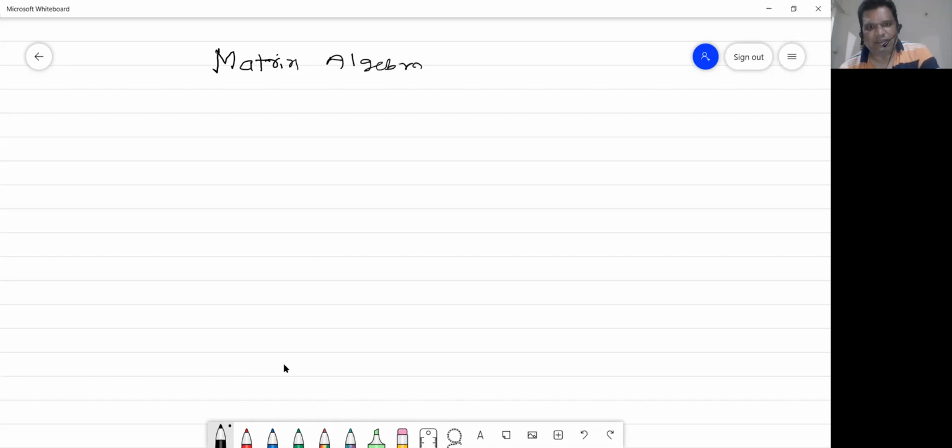Please kindly bear with me because I am also new to this system of arrangement. It will take two to three classes to adjust myself to this system. Now, this is the third chapter in the pre-university curriculum. First one is congruences, second one is groups, third one is matrix algebra.